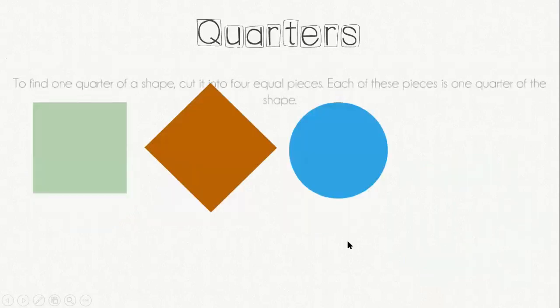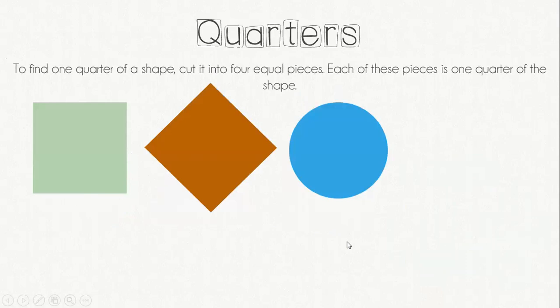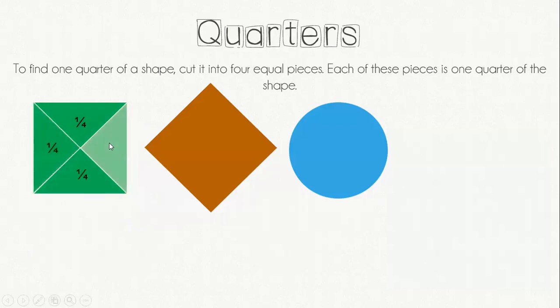Okay, let's take a look at quarters. So to find 1/4 of a shape, cut it into four equal pieces. Each of these pieces is 1/4 of the shape. So let's cut our square into four equal parts.